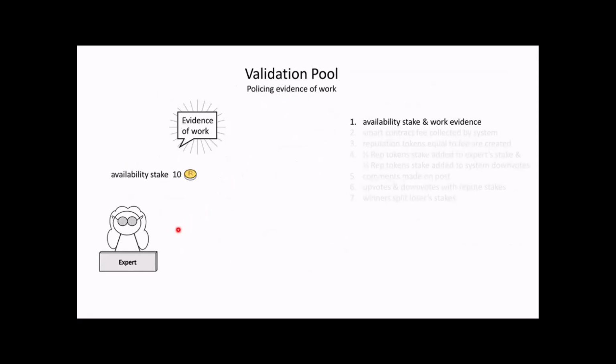So when an expert finishes their job, what they send in is evidence of work and an availability stake. I need to explain that. That's the third smart contract: the experts engage their own smart contract to say, I'm ready to do work. And this is the simplest smart contract of the four.